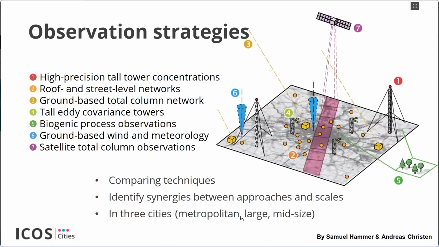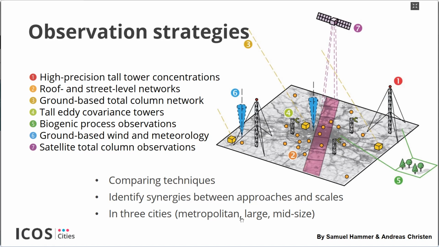Measuring, as a quick overview, you can see we have remote-based column observations as well. This is, what is it, number 3. So which is basically the same as from a satellite coming down, but we have instruments pointing up, measuring essentially the same. So we can verify each other's results or data.